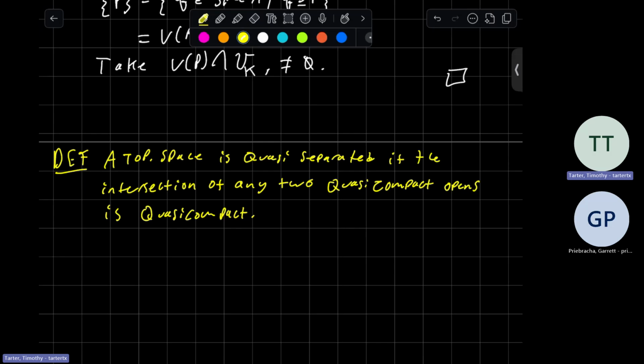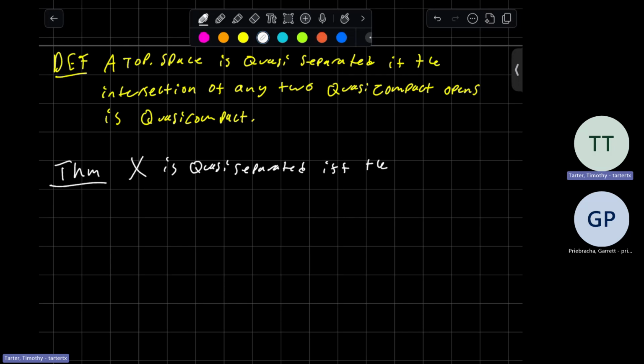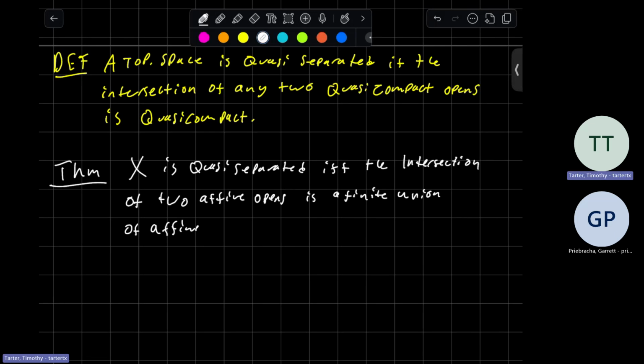So yeah, the theorem about this that I will end this session with is that a scheme is quasi-separated if and only if the intersection of two affine opens is a finite union of affine opens.